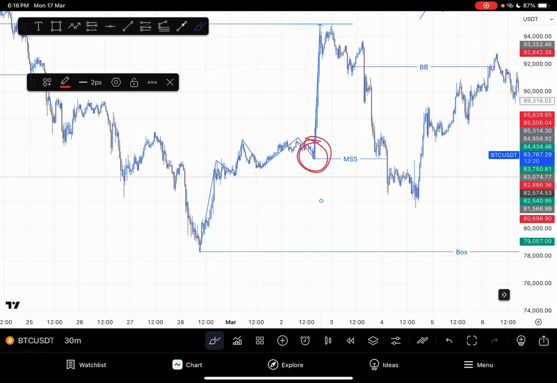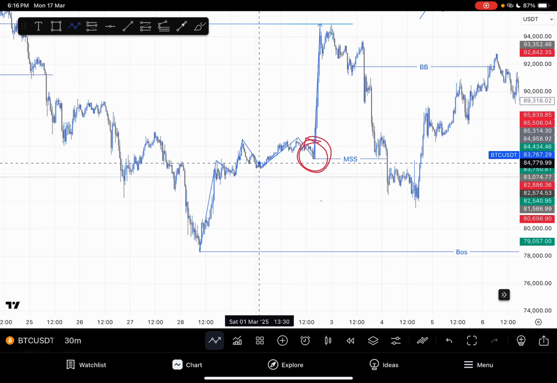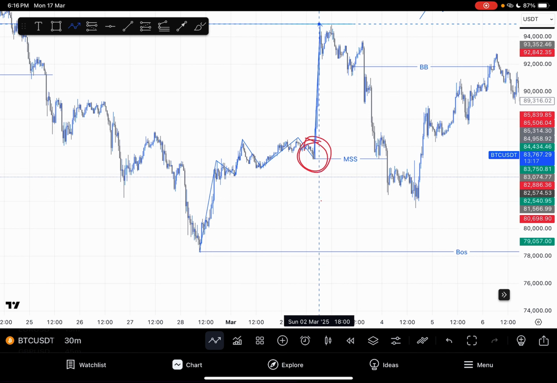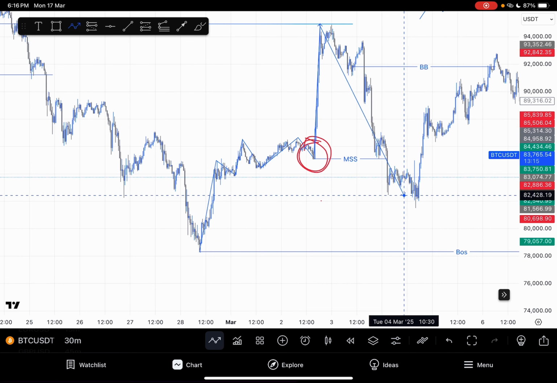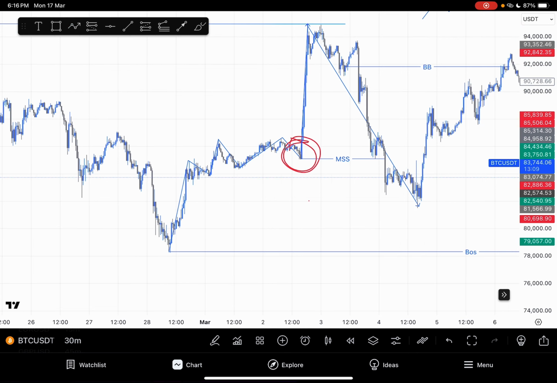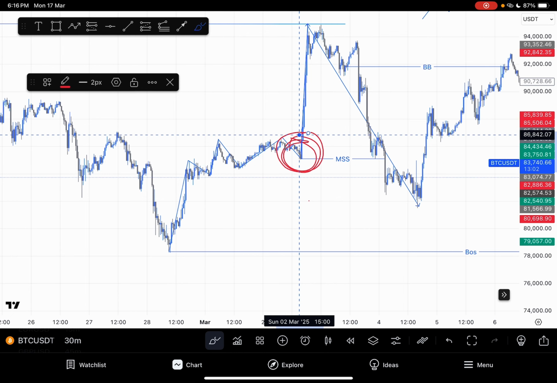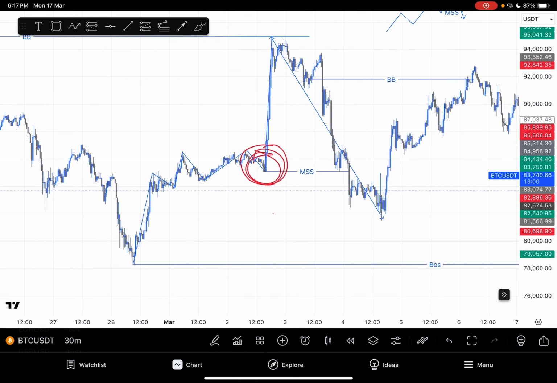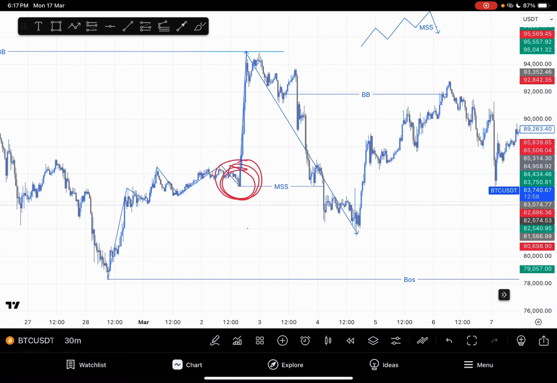Now you see price push to the downside, breaking below that previous low. So what will that automatically tell you? That the uptrend is not valid anymore and price has automatically turned into a downtrend, since it broke below this previous low here. So now what should you do next after the market structure shift?